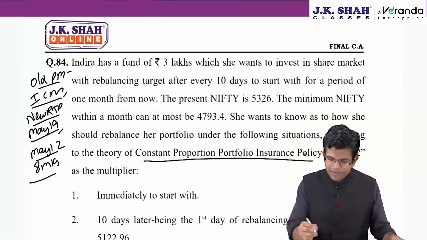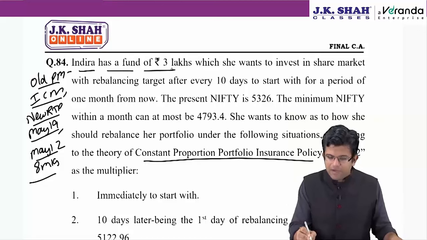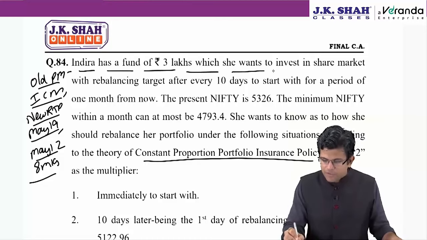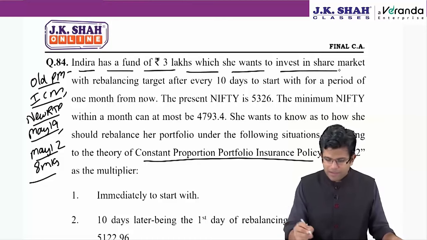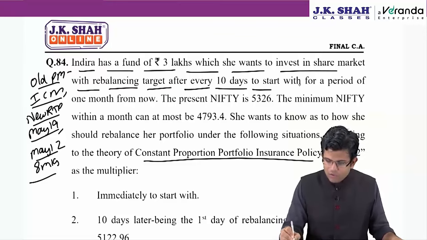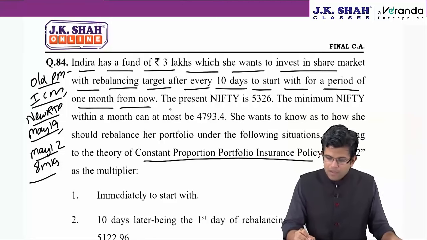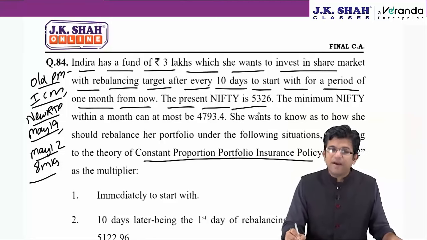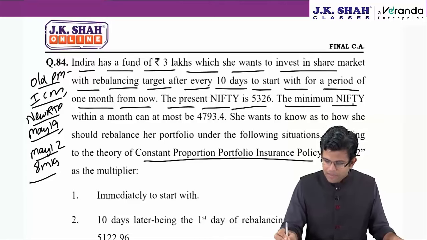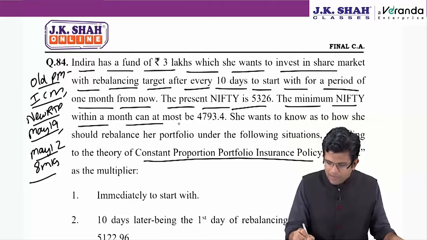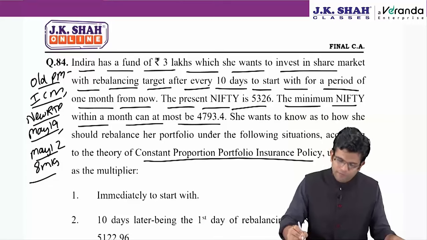Can we start? Alright. Indira has a fund of rupees 3 lakhs which she wants to invest in share market with rebalancing target after every 10 days to start with for a period of 1 month from now. The present Nifty is 5326 points. The minimum Nifty within a month can at most be 4793.4.